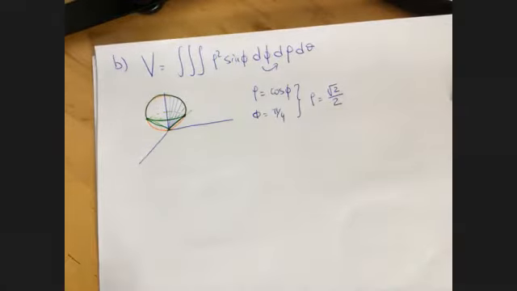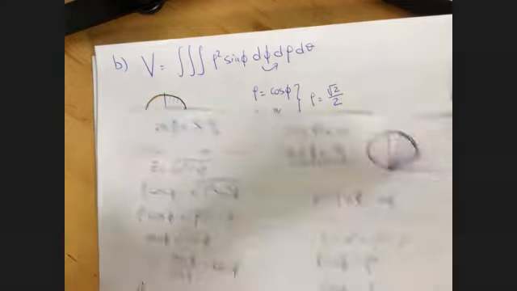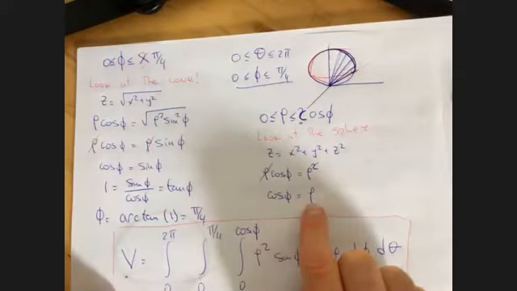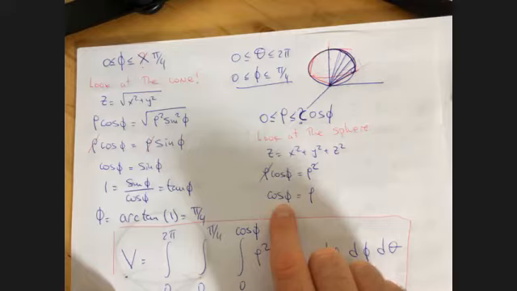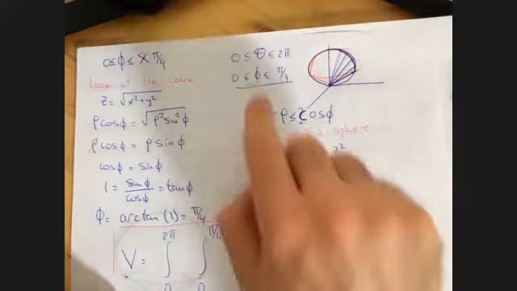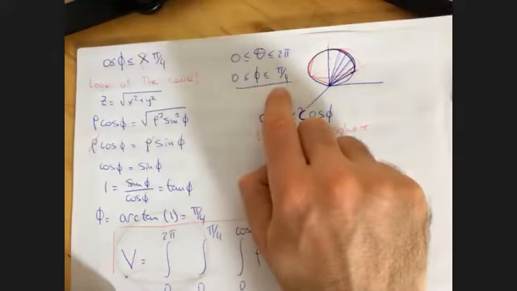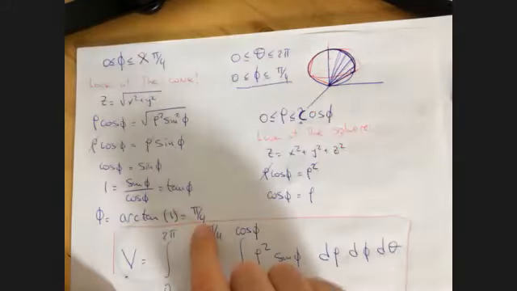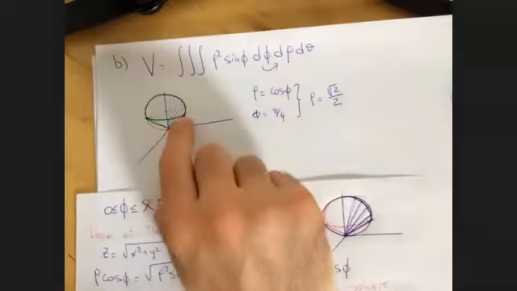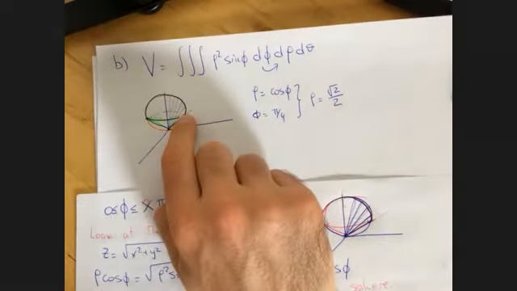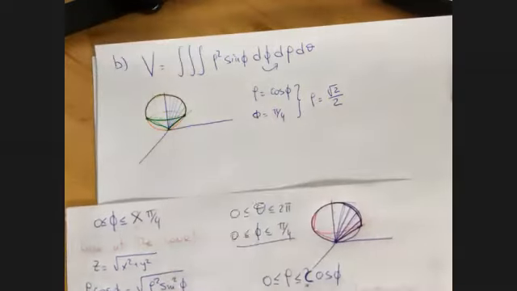Any questions? From the sphere, we have rho is equal to cosine of phi, and phi is equal to pi over 4. That's where they meet, so rho is equal to square root of 2 over 2.